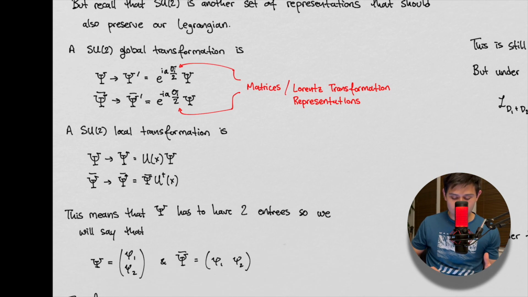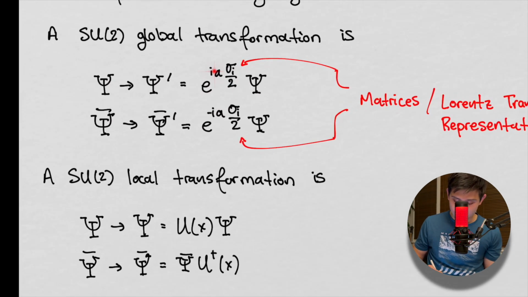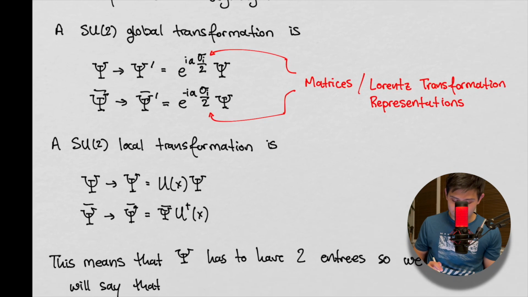Okay, so an SU2 global transformation looks something like this, where A is not a function of x. But now we have these matrices in here. So this exponential is actually a matrix, because if you recall, when you exponentiate a matrix, you get essentially a rotation matrix.